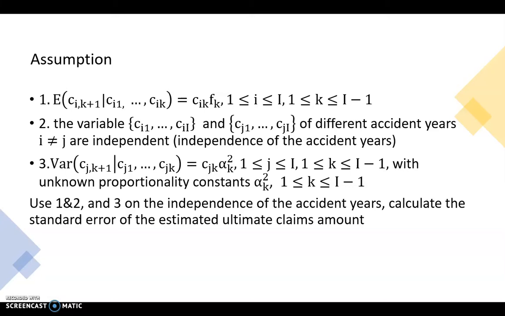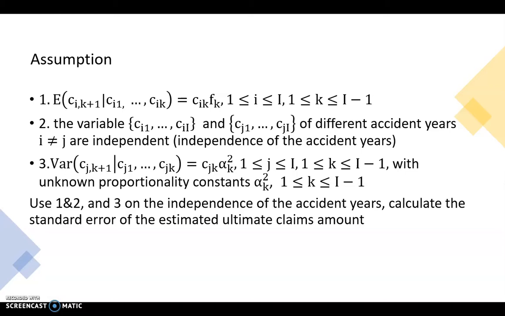This assumption is based on the same H to H factor being used for different accident years, and also using only the most recent observed value C_i,I+1-i as the basis for projection, ignoring all other data. These two aspects are consistent with our core formula we just talked about, which means that the first assumption is needed and cannot be taken away.